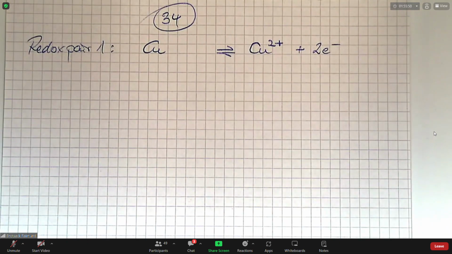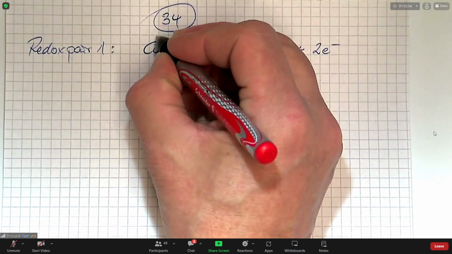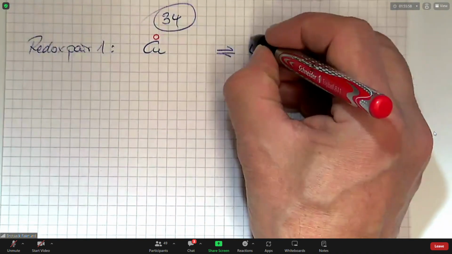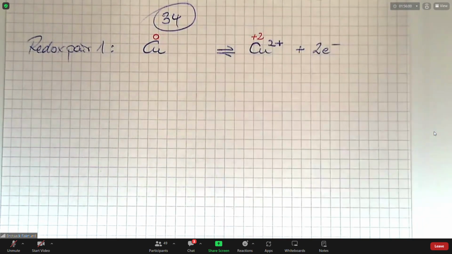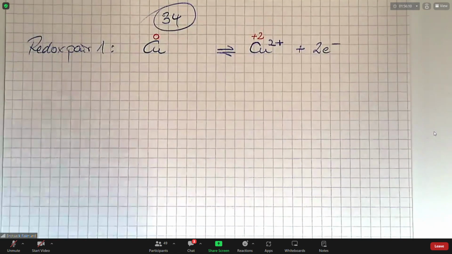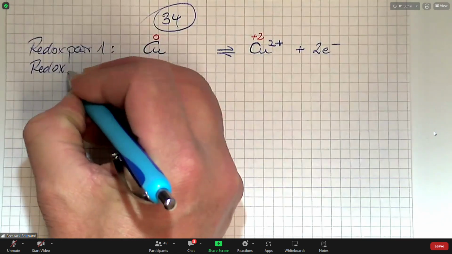What is the oxidation number of the element copper? 0. In the elementary form, it's 0, and here it's +2. That is simple. But now we have to look at the nitrate, the redox pair 2.